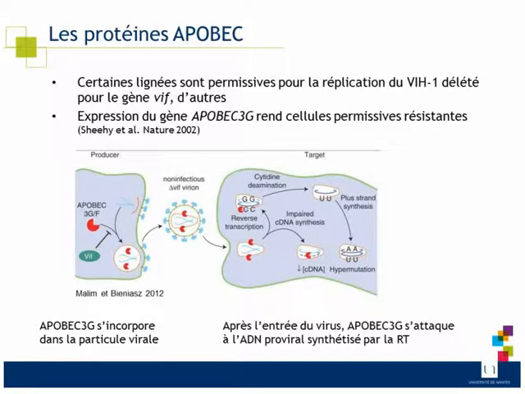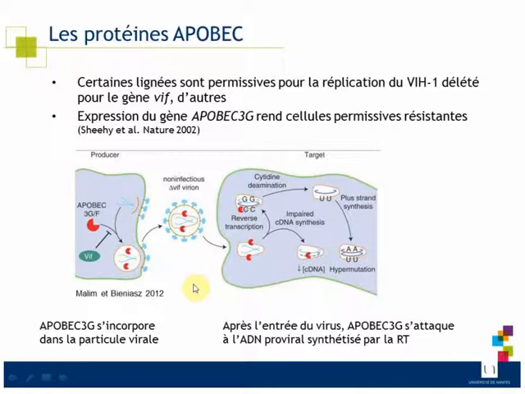Okay? But in the absence of VIF, this cell that's infected will release virus particles that have got APOBEC3G incorporated into them. And these virus particles will be non-infectious for the next cell that's going to be infected. Okay, so APOBEC3G isn't actually preventing infection in the first cell, but it prevents transmission of an infectious virus.